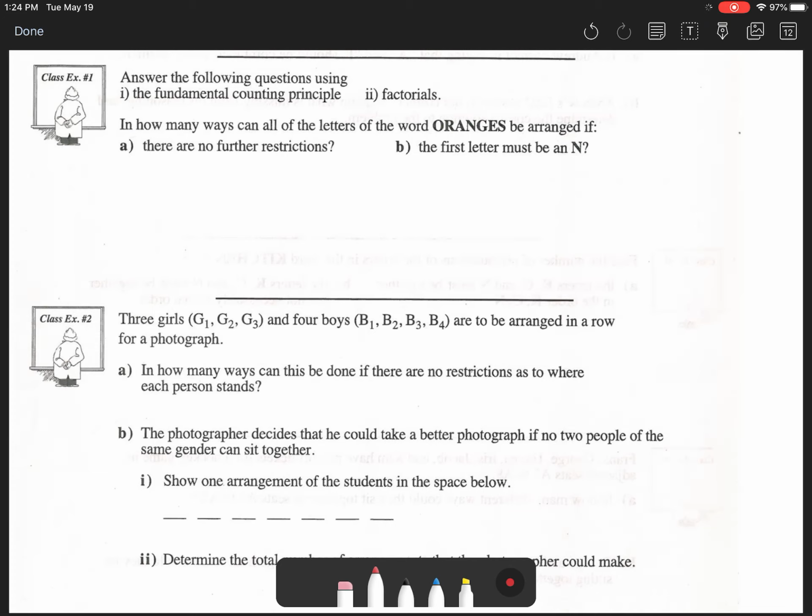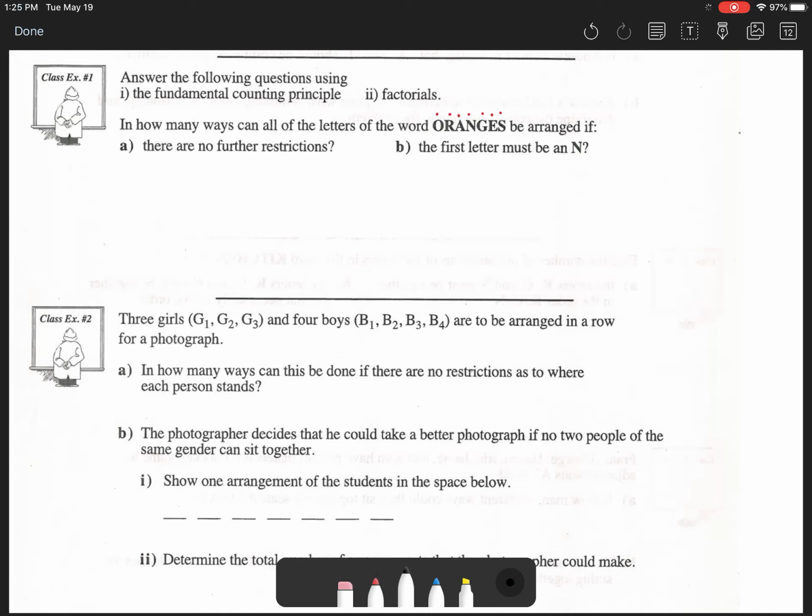So again, remember what we want to talk about first is the number of elements or things that I am trying to arrange or order. So in this question, that would be the letters in the word oranges. So I have 1, 2, 3, 4, 5, 6, 7 elements, 7 things to arrange. So how many ways can I arrange those 7 things if there are in A no further restrictions?